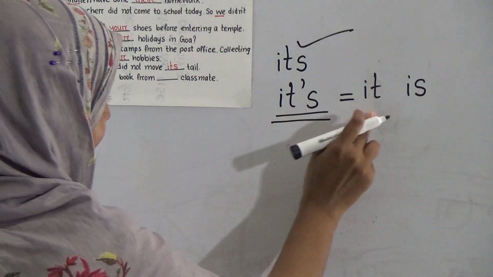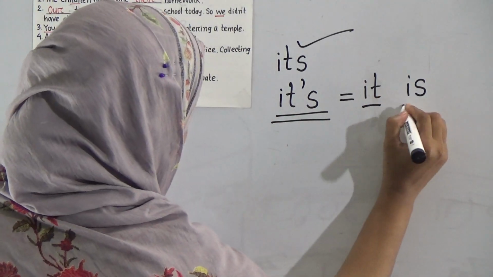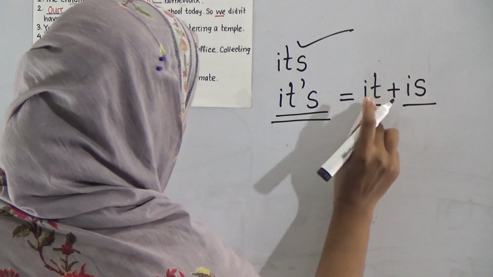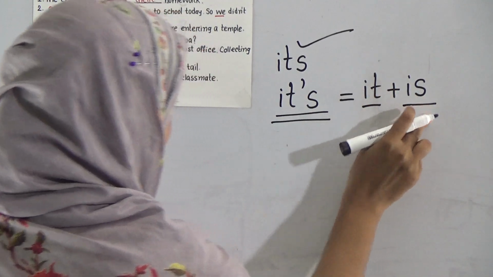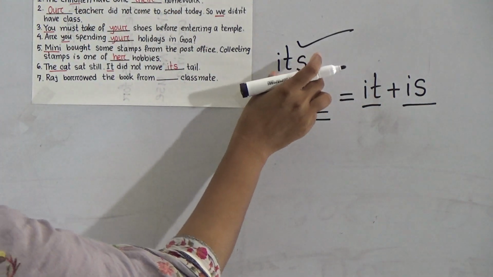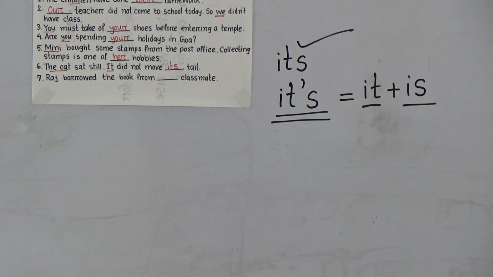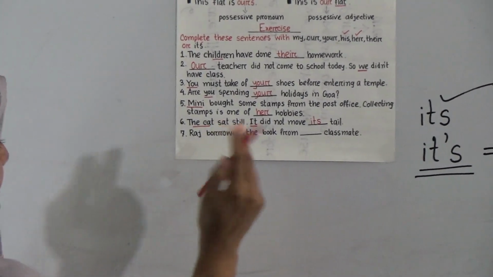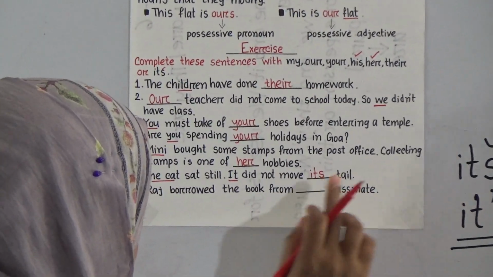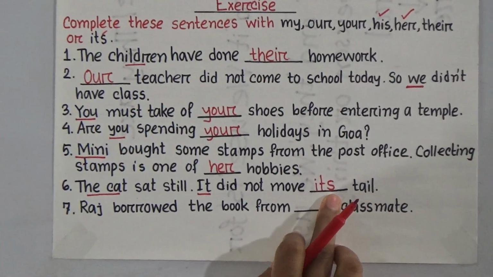It means it is, here subject and verb. So it plus is makes it's, and this is another word. Both are different in meaning. So in this gap you have to write its, I-T-S, its.